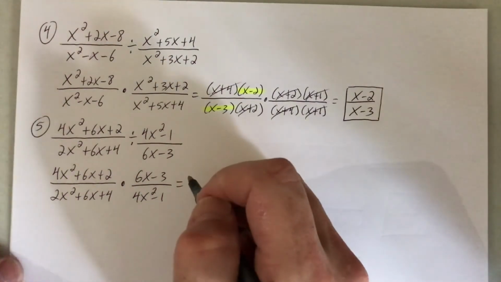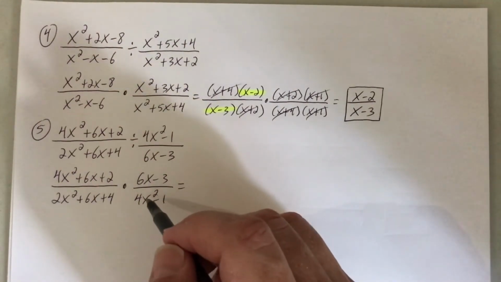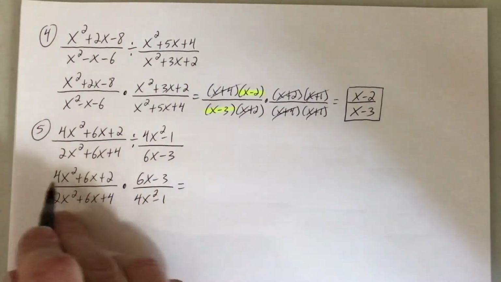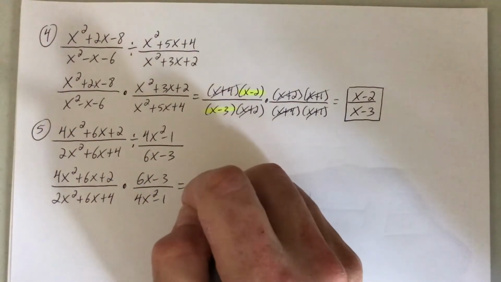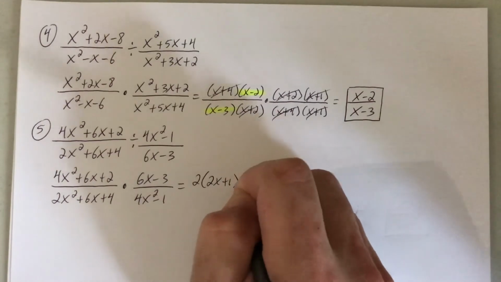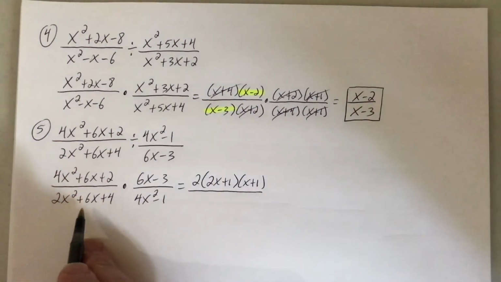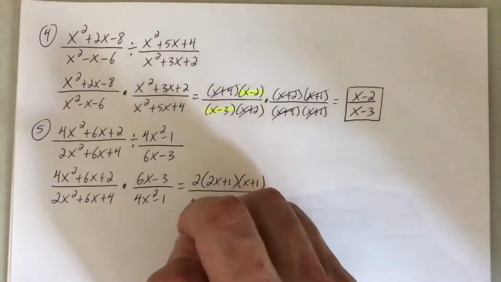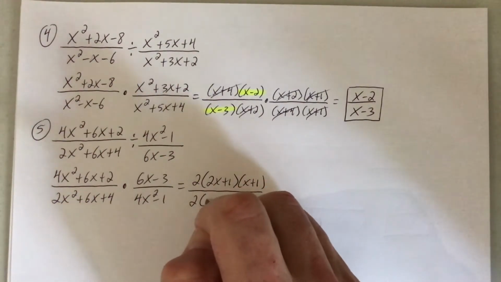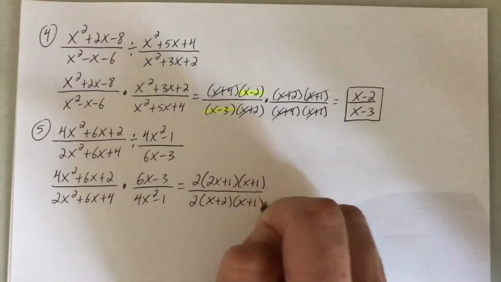So now we're going to factor all of our numerators and all of our denominators. This up here has a common factor, and then we're going to completely factor it. So that gives us 2 times 2x plus 1 times x plus 1. Down here we also have a common factor of 2, and when we completely factor it after that, it gives us x plus 2 times x plus 1.